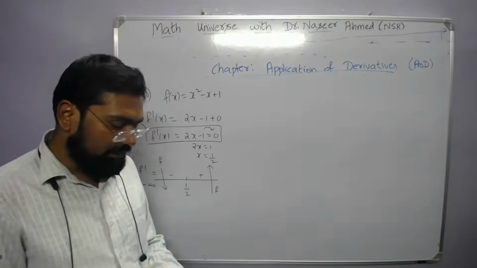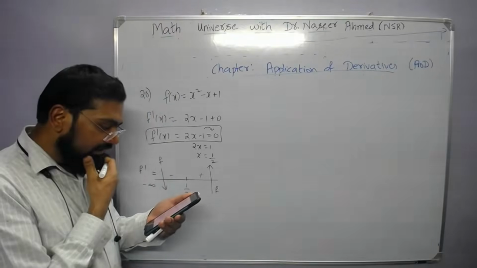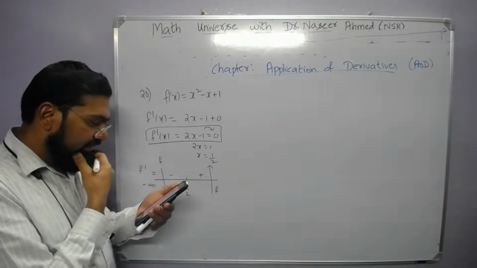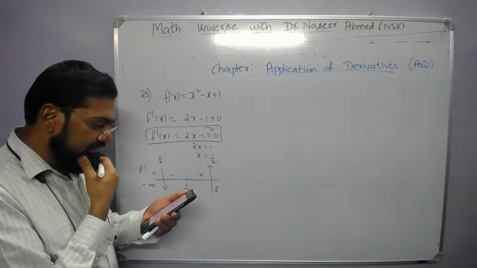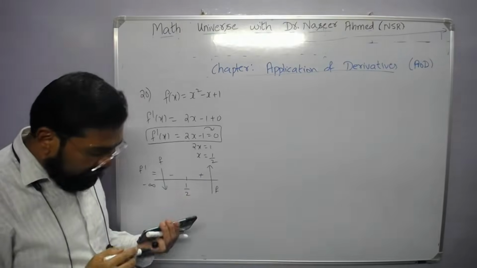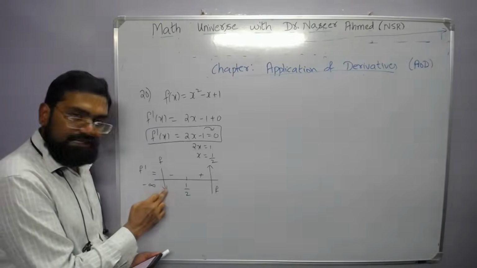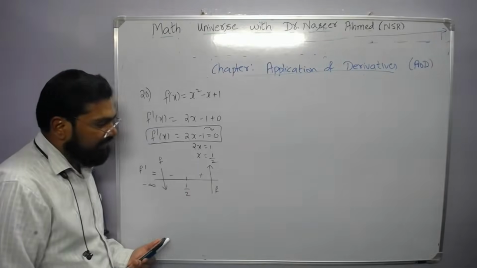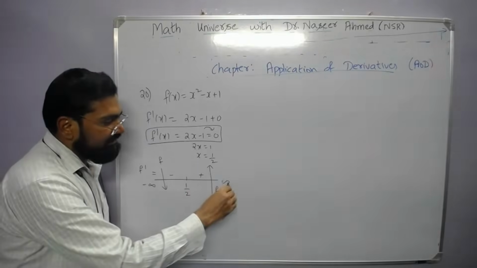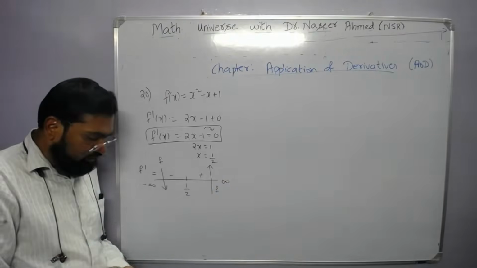Now we go option by option. See carefully. Now option A says neither strictly increasing nor decreasing from minus 1 to 1. Oh yes, see carefully. On minus infinity to half it is decreasing. Half to infinity it is increasing. But in the option they are saying minus 1 to 1.